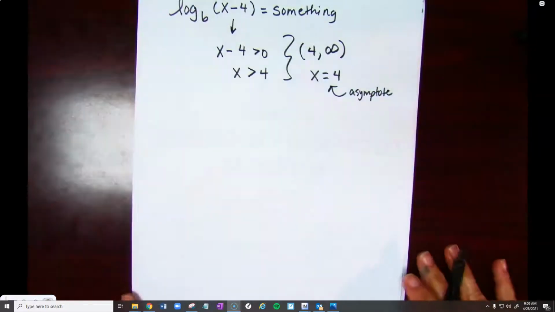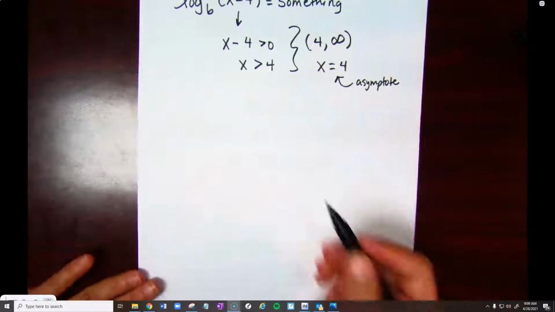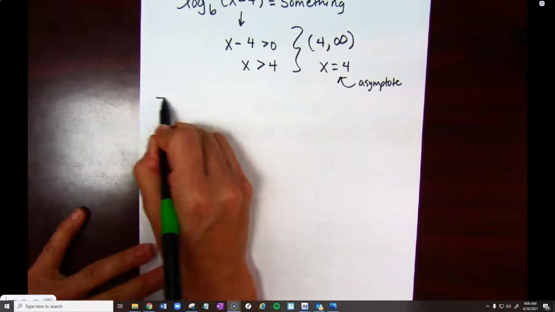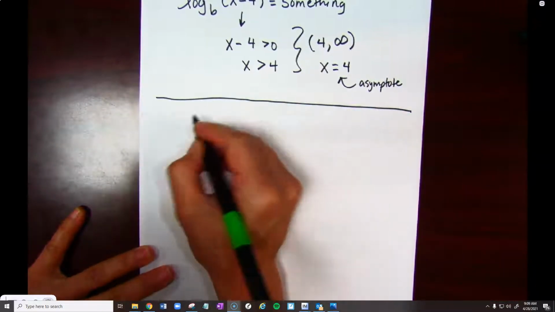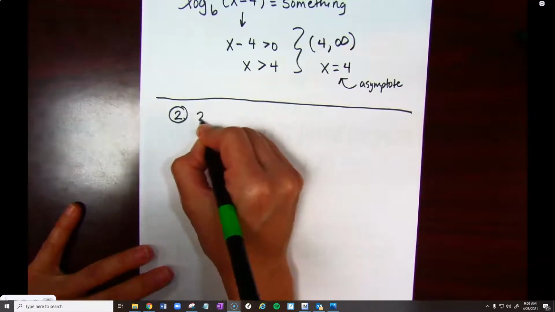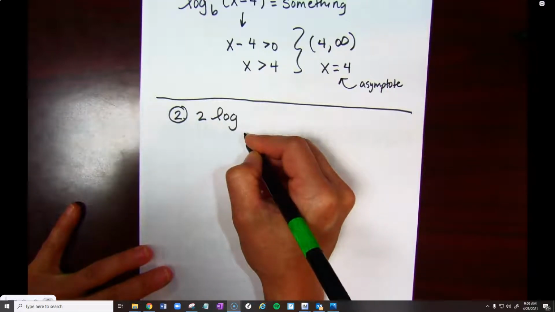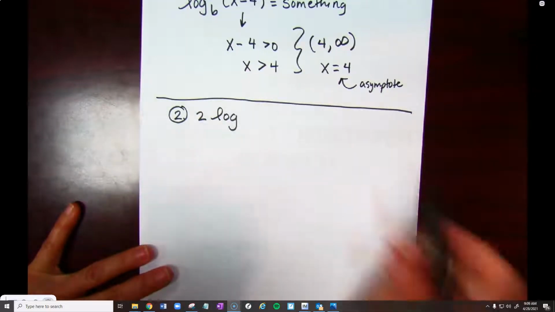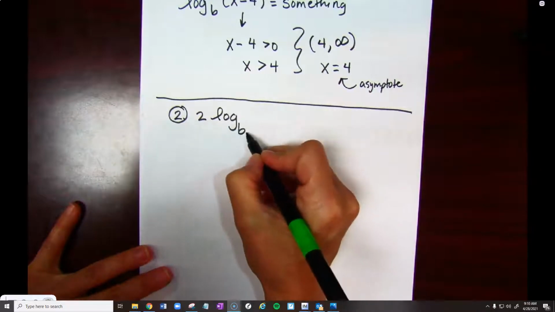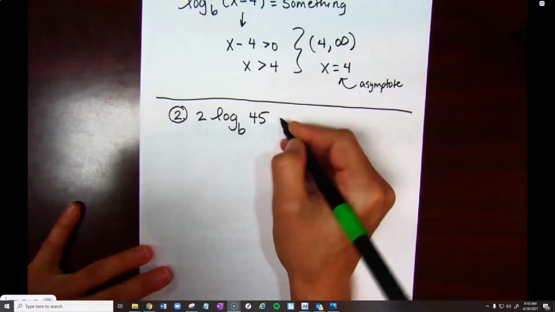Okay, let's go ahead and talk about how we're going to solve for x for some of this stuff using some mental math. I want to show you guys this question right here. So remember, our whole goal is to have a log on both sides just equal to a single log. So I don't even care what the log is, what the base is. Let's just say it's log base b of 45.